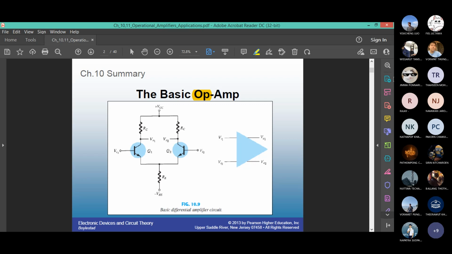The inputs are base: you have base 1 and base 2. 2 outputs are taken at the collector of each amplifier. You can have more than 1 biasing. In this case, you have VCC, which is common, and then you can have VEE. Sometimes you might even have ground. But this is the basic idea of a differential amplifier.